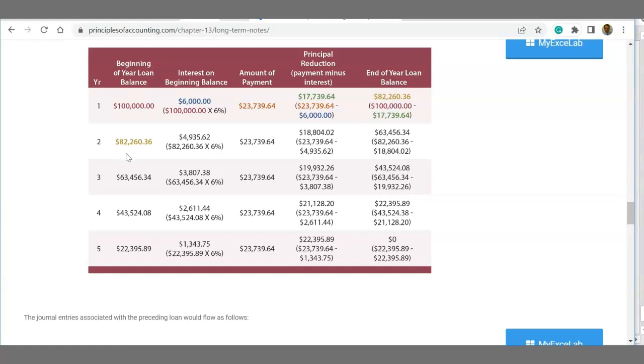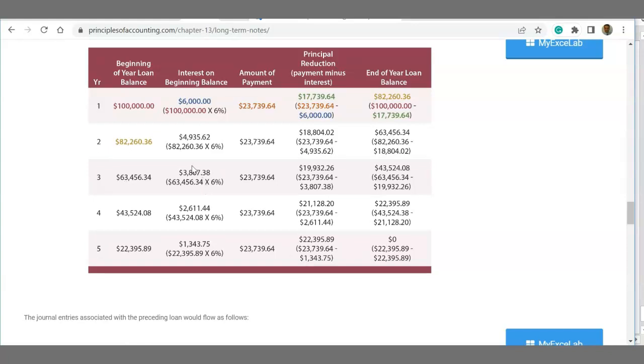Year 2, your principal is 82,260. 6% of 82,260 is 4,935, but you are going to pay again the same $23,000. So 23,000 minus 4,900, that will be $18,000 reduction in principal. 82,000 minus 18,000 gives us 63,000 leftover balance. 63,000 goes to year 3 times 6%.